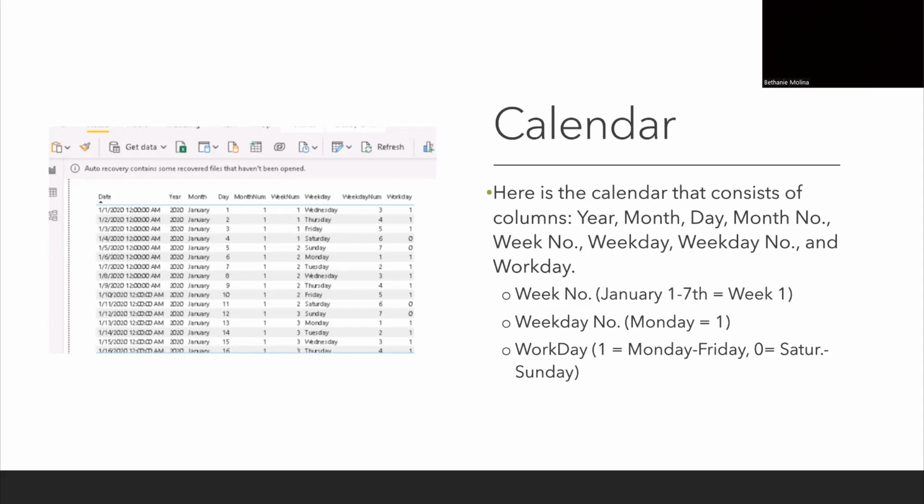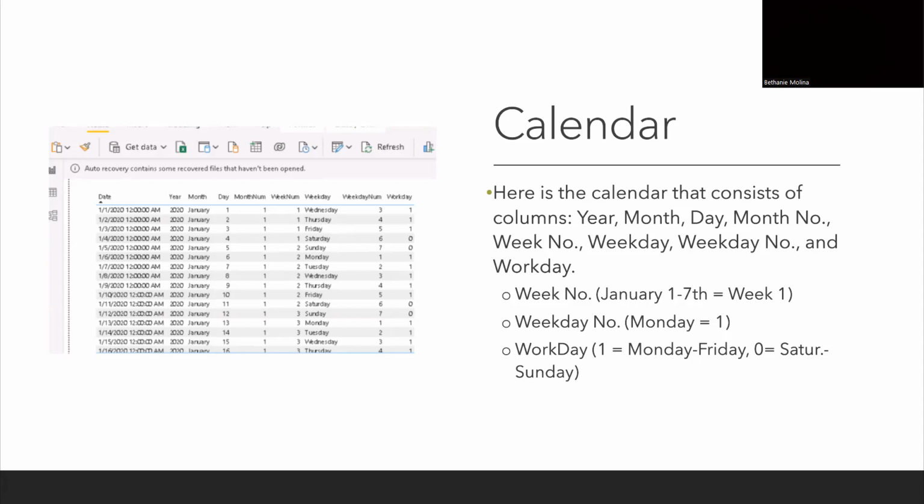They could use this for better visualization when it comes to sales transactions, or if they want to do forecasting, or if they want to create relationships with this table with another data table.